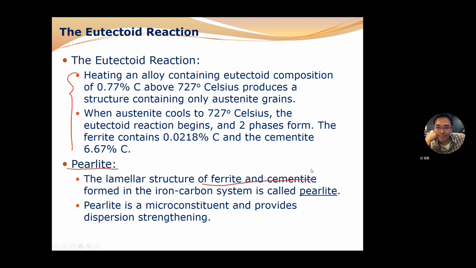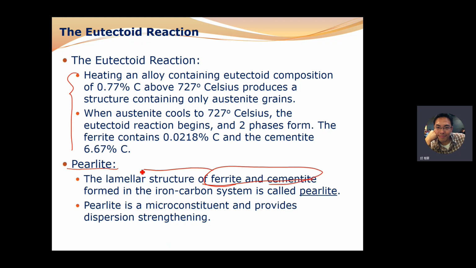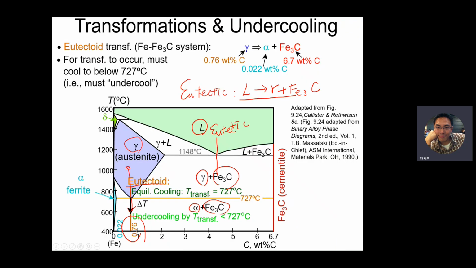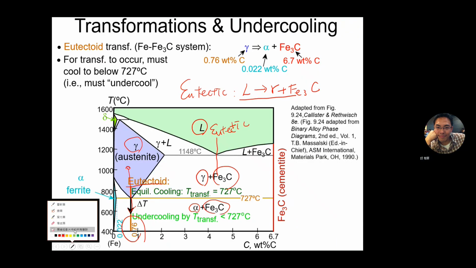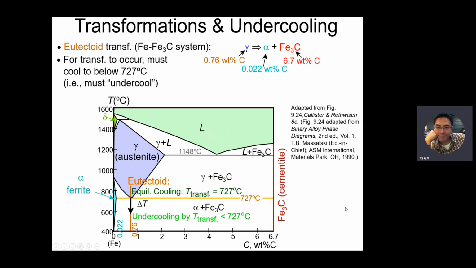Therefore, we call this ferrite and cementite structure pearlite. In this phase diagram, you can see this structure. This structure is called pearlite.